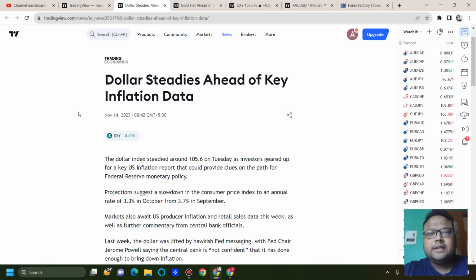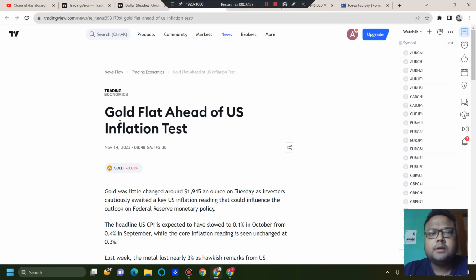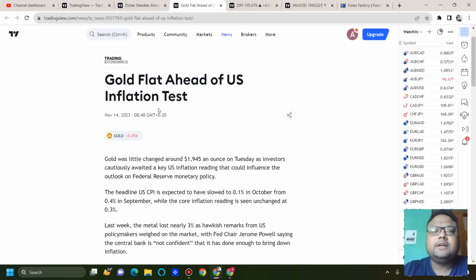You can see "Dollar steadies ahead of key inflation data." The dollar index steadied around 105.60 on Tuesday as investors geared up for a key US inflation report that could provide clues on the path for Federal Reserve monetary policy. "Gold flat ahead of US inflation test."